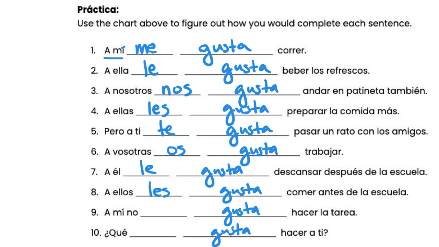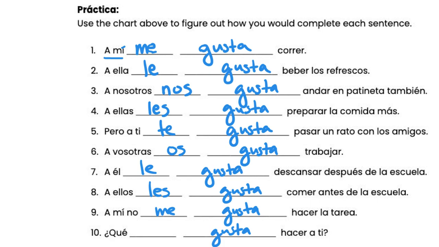A mí no me gusta hacer la tarea. So here we can see an example of saying that we don't like something, and we just put the no right in between the a mí and the me gusta part. You could also remember, because this part is optional, we could also just say no me gusta hacer la tarea, and that would also be perfectly correct.